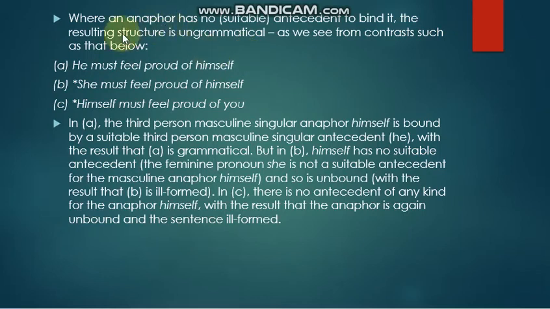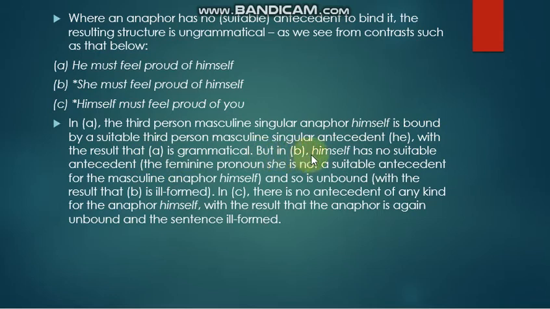Now we have to take note. Where an anaphor has no suitable antecedent to bind it, the resulting structure is ungrammatical, as we see from contrasts such as that below. A: He must feel proud of himself. B: She must feel proud of himself. C: Himself must feel proud of you. In sentence A, the third person masculine singular anaphor himself is bound by a suitable third person masculine singular antecedent he, with the result that sentence A is grammatical.